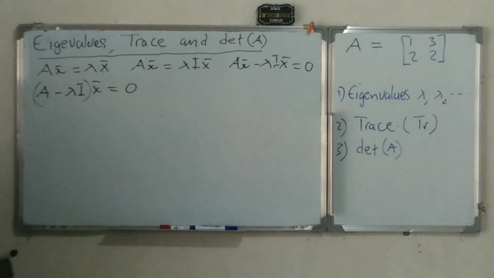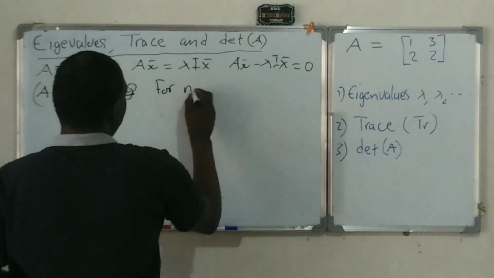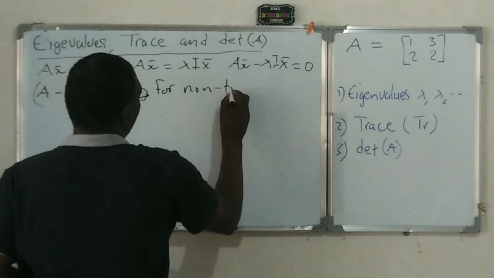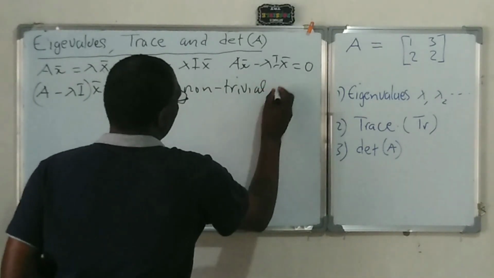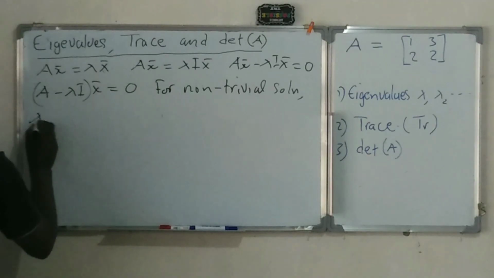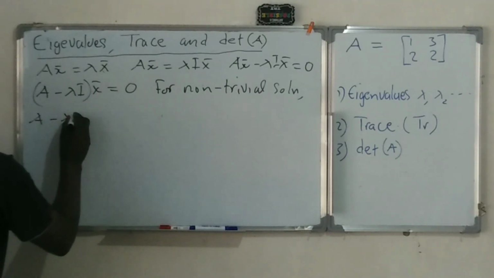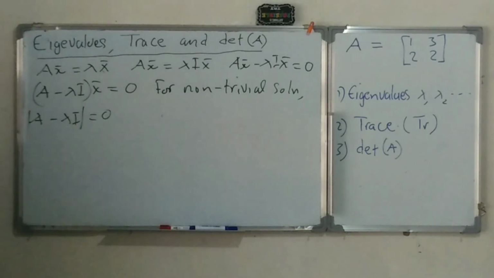So for a non-trivial solution, the determinant of A minus lambda I should be equal to 0.